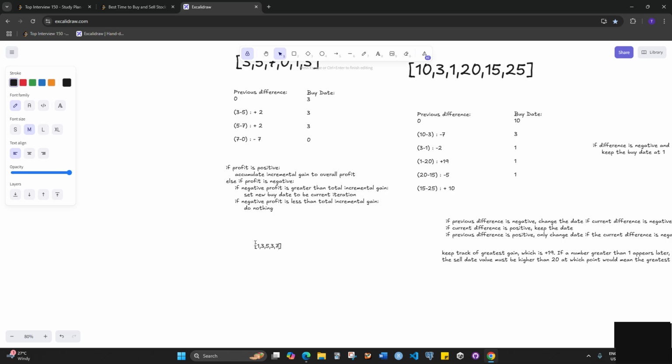So if the negative profit over here is greater than the total incremental gain, no, it's not.